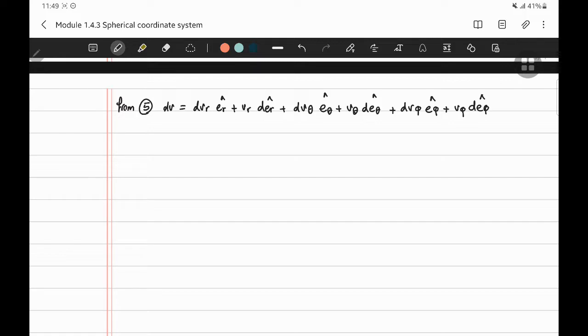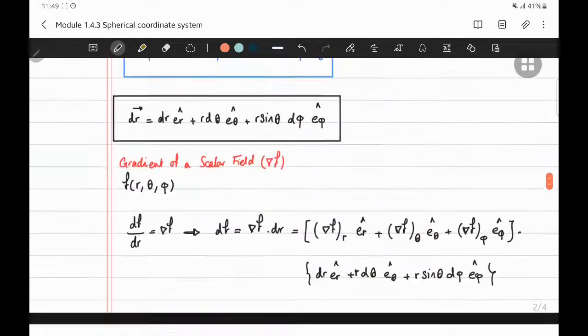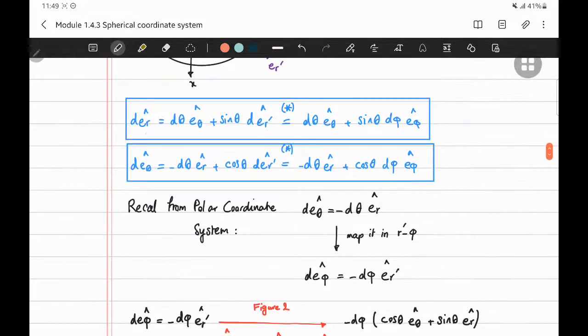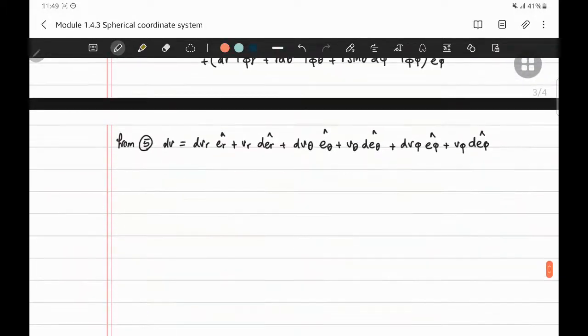And here we already calculated de_r, de_theta, and de_phi. So we only need to calculate dv_r, dv_theta, and dv_phi.